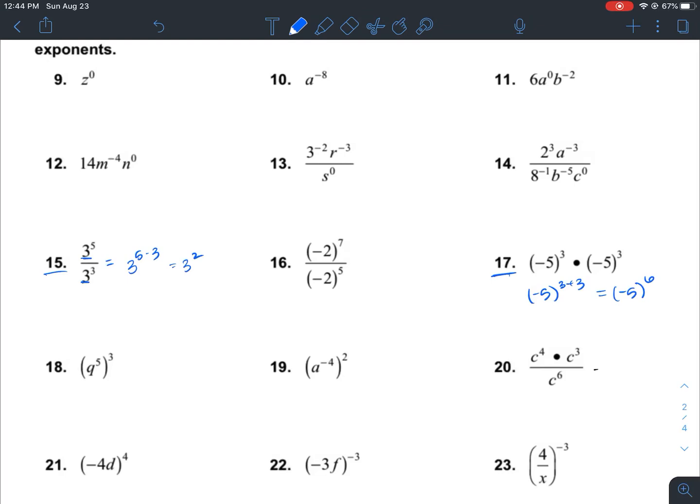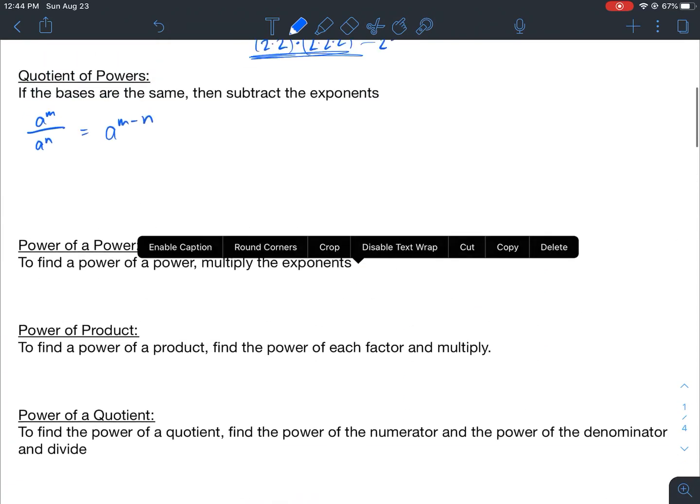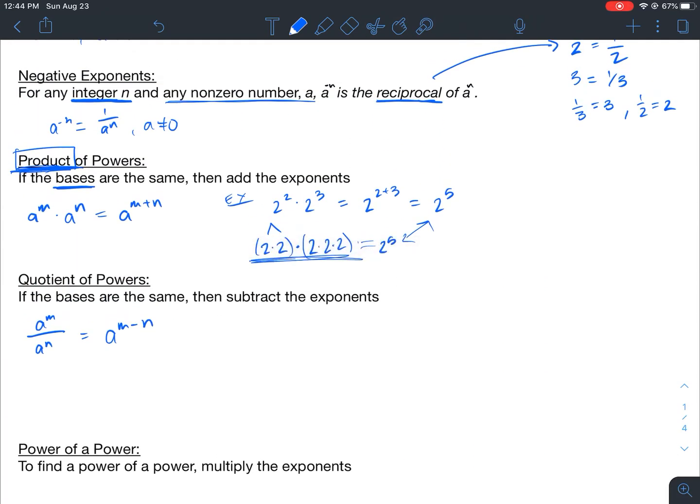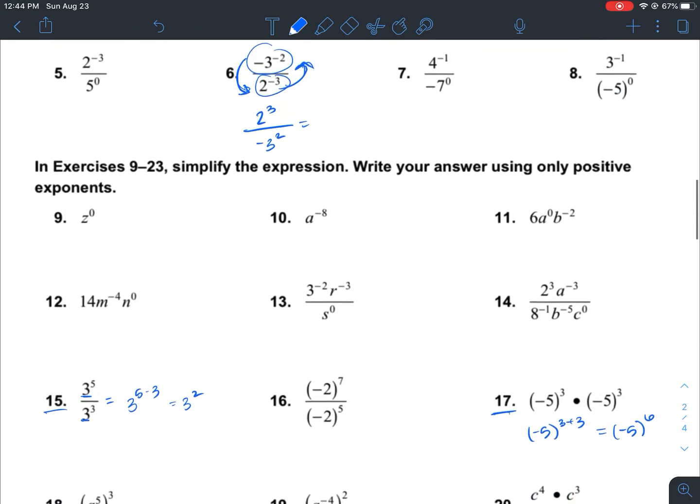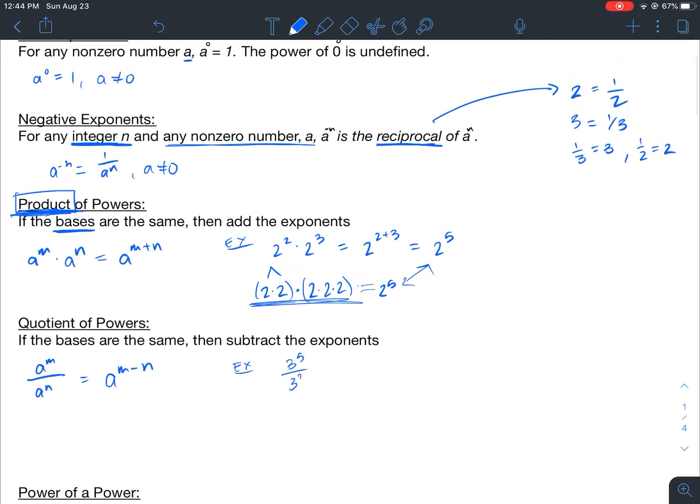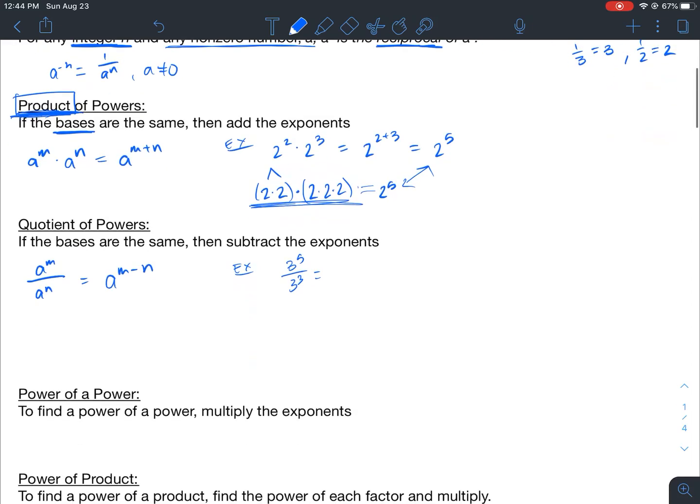Again, I'm going to show you what we're technically doing. So 3 to the 5 divided by 3 cubed. Let's write this out fully and expand our exponents. This is equal to 3 times 3 times 3, so 3 multiplied by itself 5 times, and the denominator is 3 multiplied by itself 3 times.